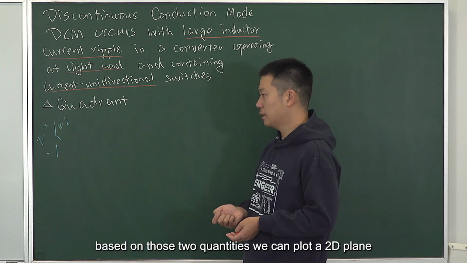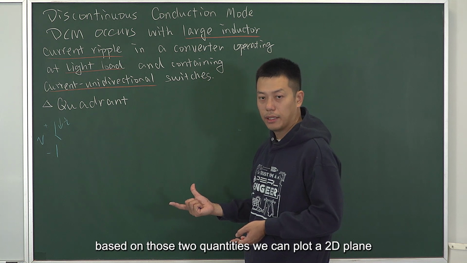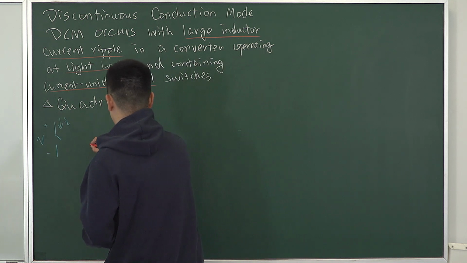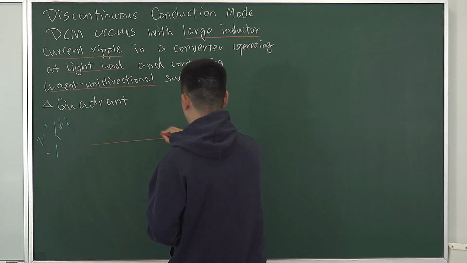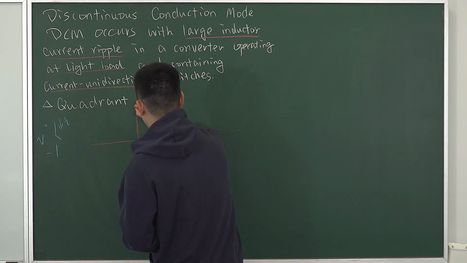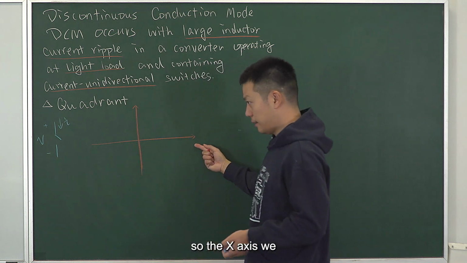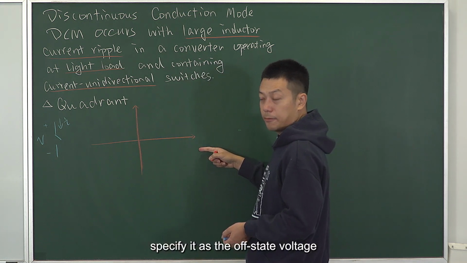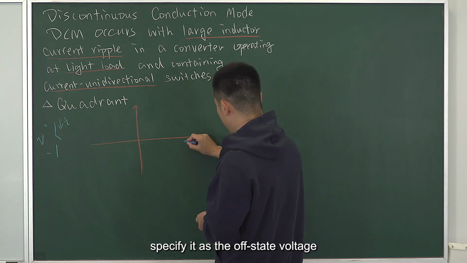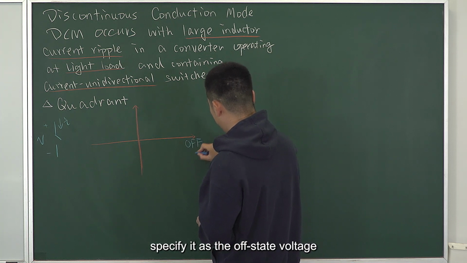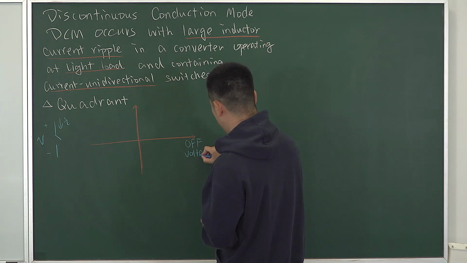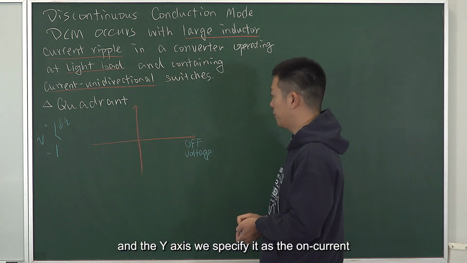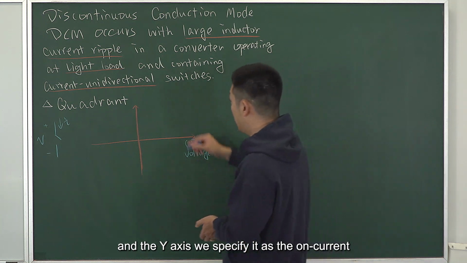Based on those two quantities, we can plot a 2D plane. The x-axis, we specify as the off-state voltage, and the y-axis, we specify as the on current.